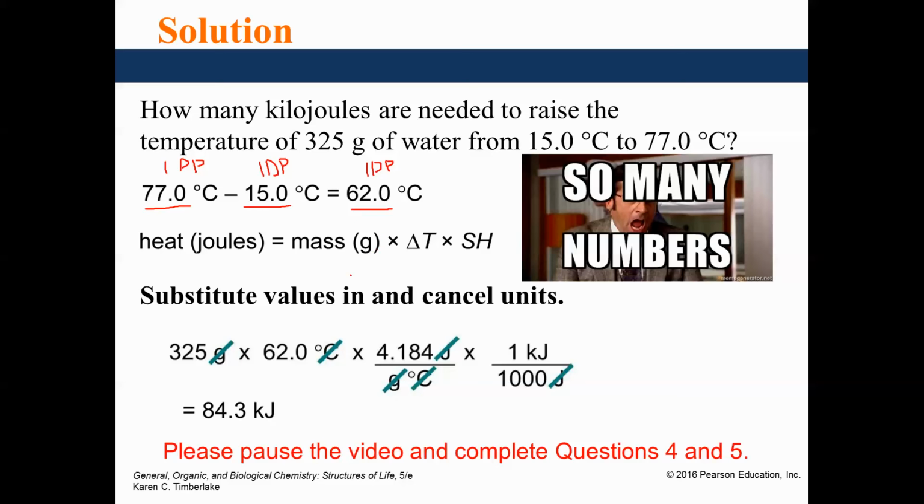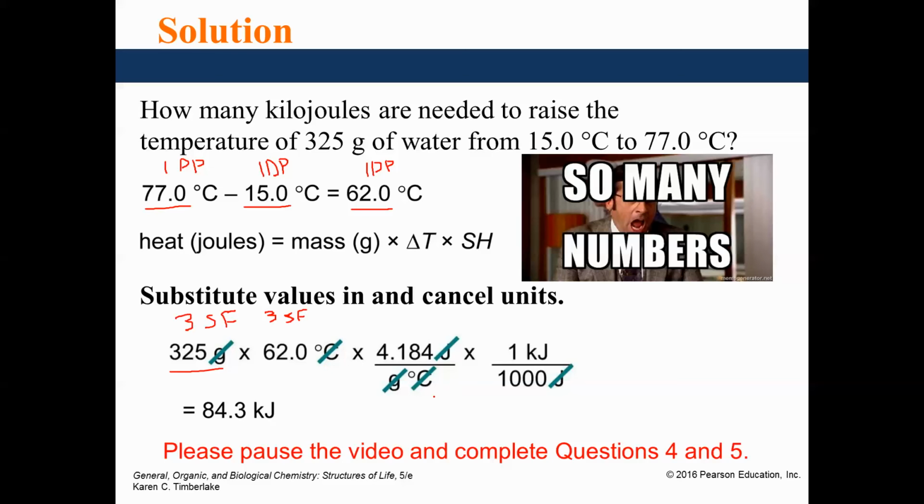All right, now we substitute in our values. Here's our mass of water that's given in the problem, known to 3 sig figs. 62.0 is our change in temperature, our delta T that we just calculated, and we have 3 total sig figs. That 0 is significant because it's to the right of non-zero digits in a number with a decimal point.